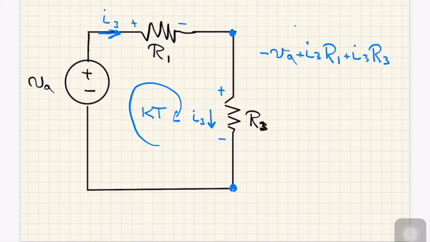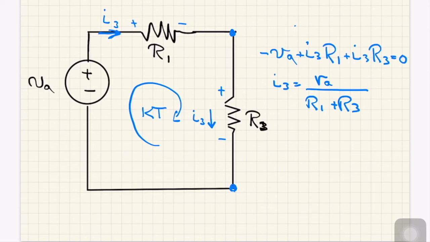Sorry, that was meant to be a 3 here. Got a little bit mottled. Okay, so that's the equation we have, and that's equal to 0. Now I3 is simply equal to VA divided by R1 plus R3.